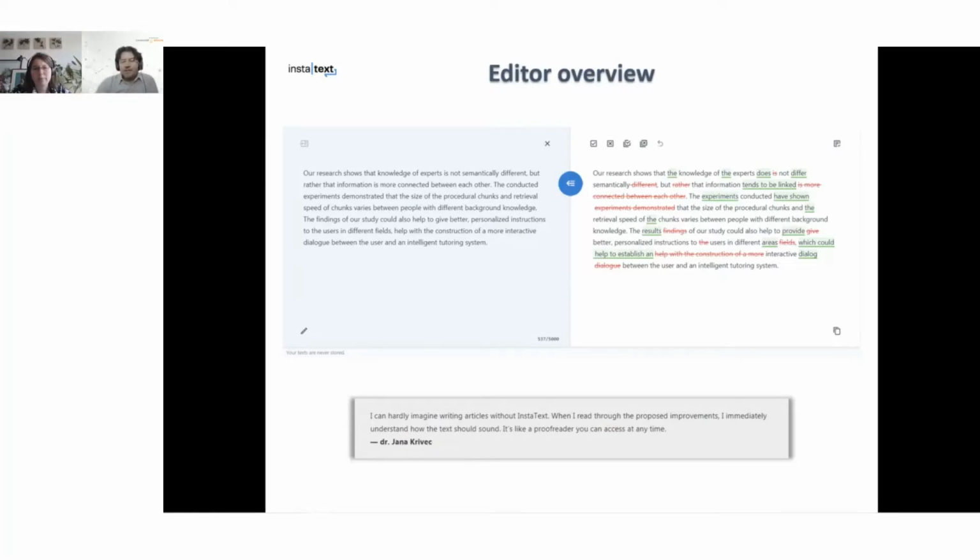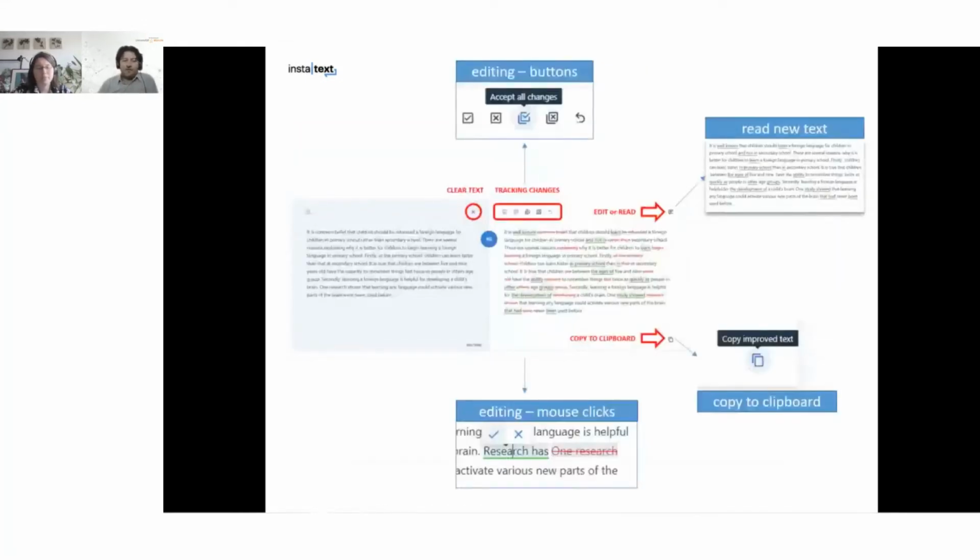Before showing you the video that presents how the tool is used, I will just point out a couple of functionalities that you can pay attention to. Like in Google Translate, you have buttons like clear text or copy text to clipboard. Like in MS Word, you have this tracking changes toolkit, so you can accept or reject a particular suggestion.